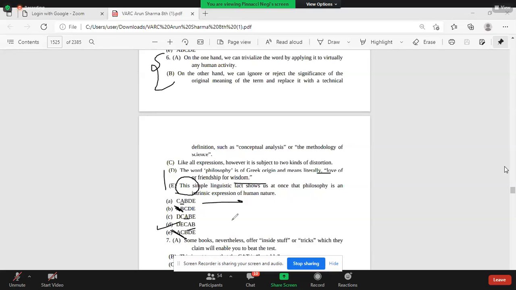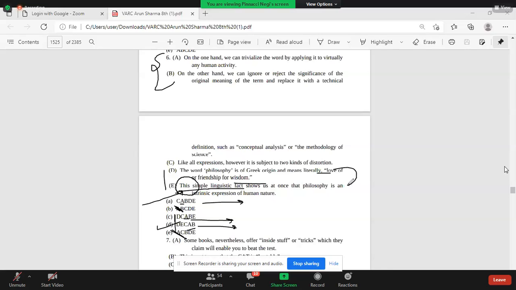So A, C या D अगर ये तीन options रह गए. ठीक है. अब अगर D है, so अगर D लेकर चलते हैं, मान के चलते हैं D. अभी D में it would either follow C और E, right. अभी आप इसका mandatory pair ढूंढिए. This simple linguistic fact. ये this simple linguistic fact किसके लिए कहा गया है? What, ढूंढिए linguistic fact. That linguistic fact is D.